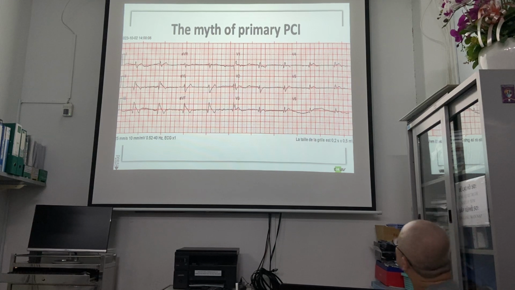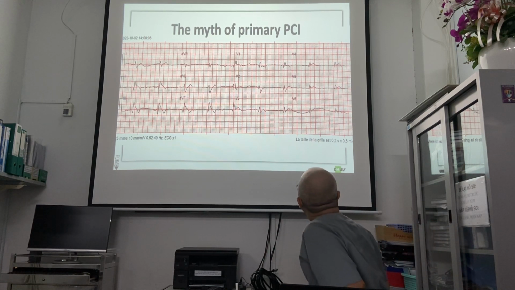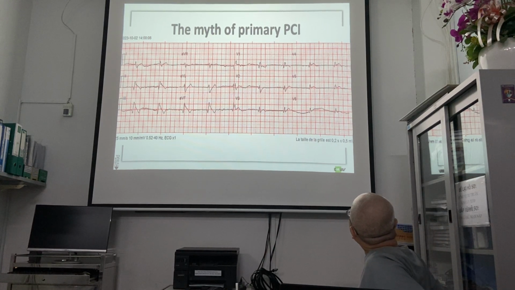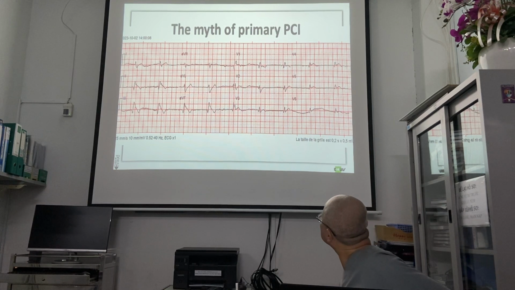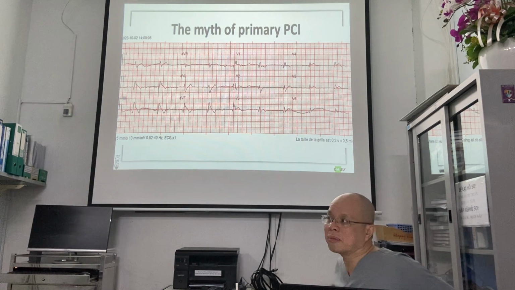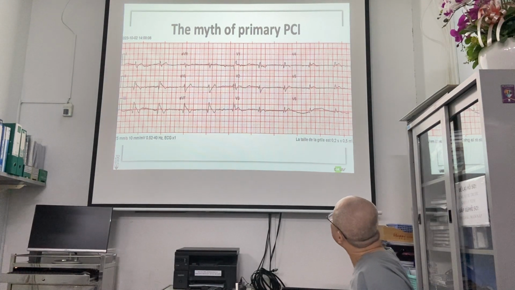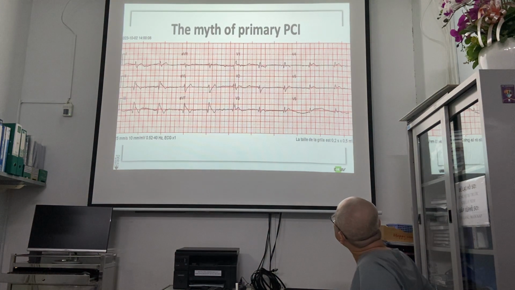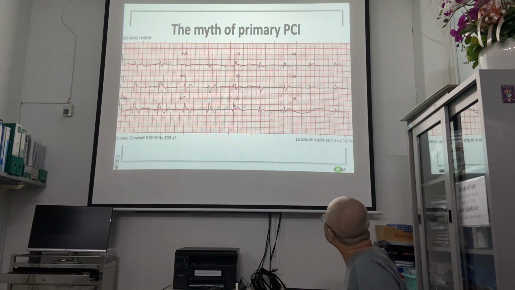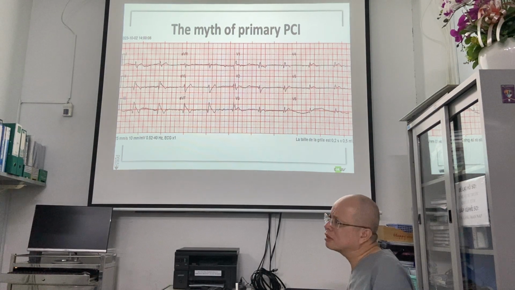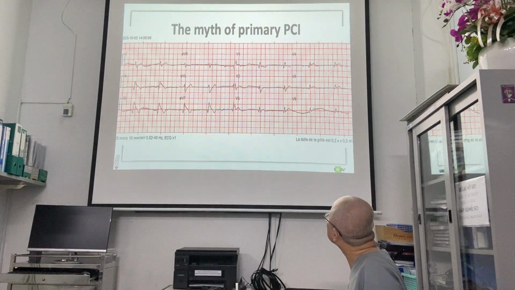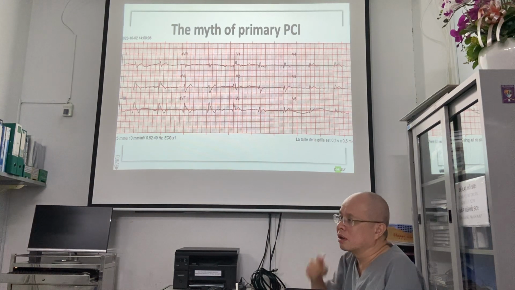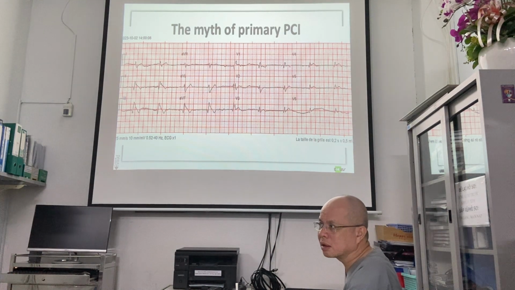It's a really difficult case, really rare. You see on the before and before, you also see the ST elevation in the primary, maybe mid LAD or something. And you also see the RBBB.